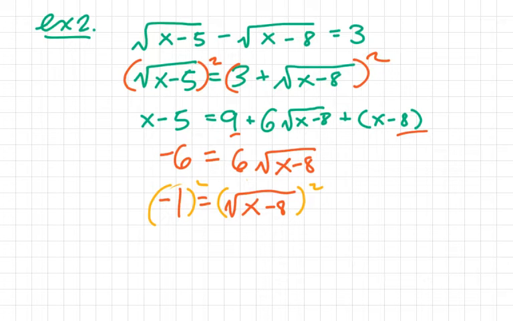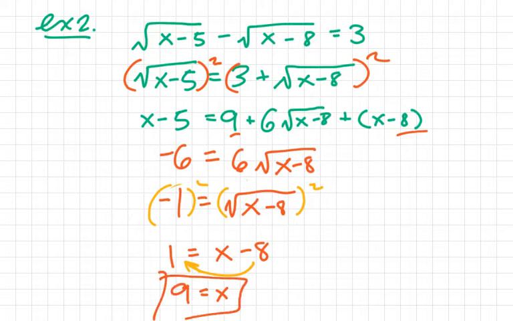Okay, so on the left, it is just a 1, and on the right, it's x minus 8. Okay, now we're going to add 8 to both sides, and we get x is equal to 9.